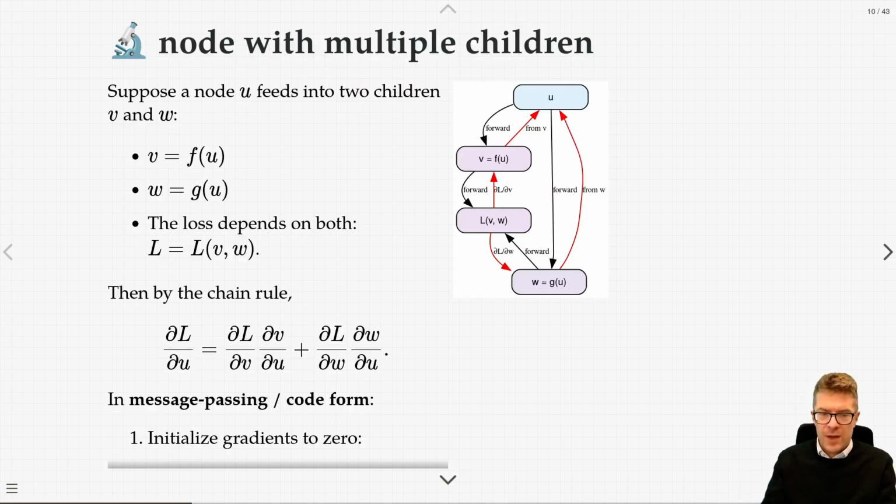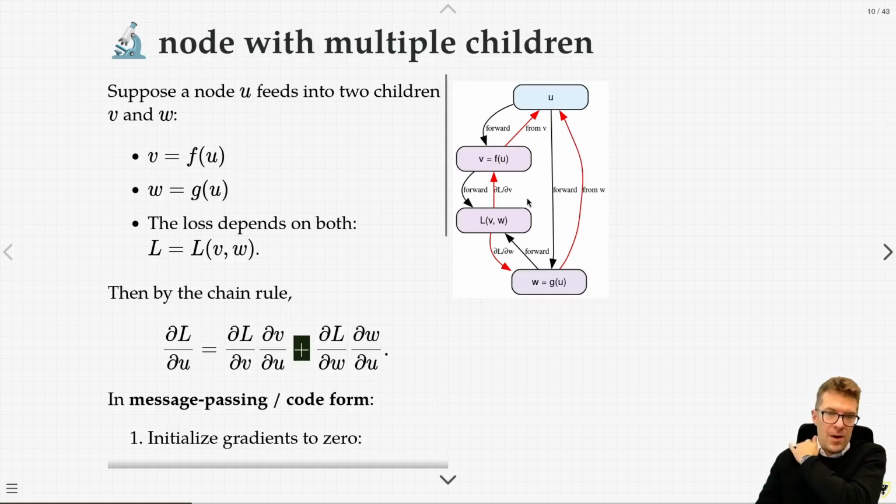So we'll have some blame coming through v, and some other proportion of the blame coming through w. This helps us assign blame on each of those paths separately, but both of that blame can be applied to the origin u, which is at the origin of both of those paths. So we need to accumulate all of that blame through this summation.